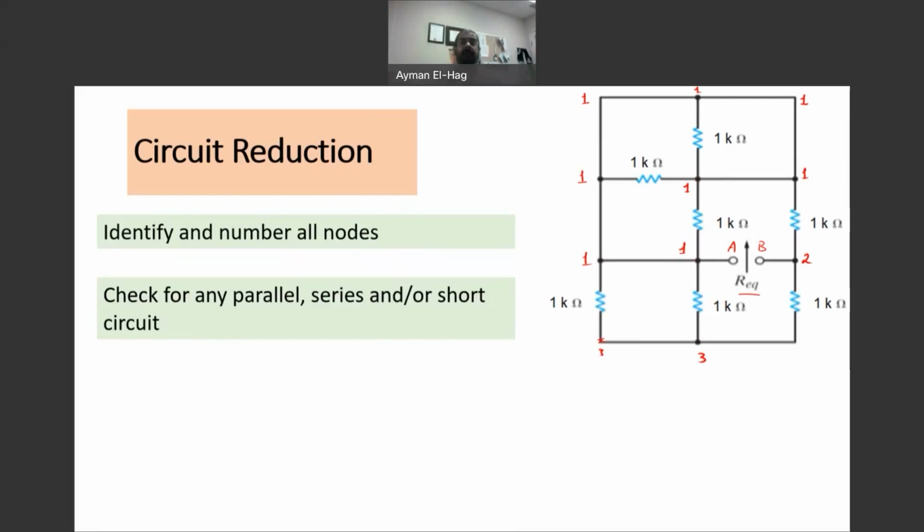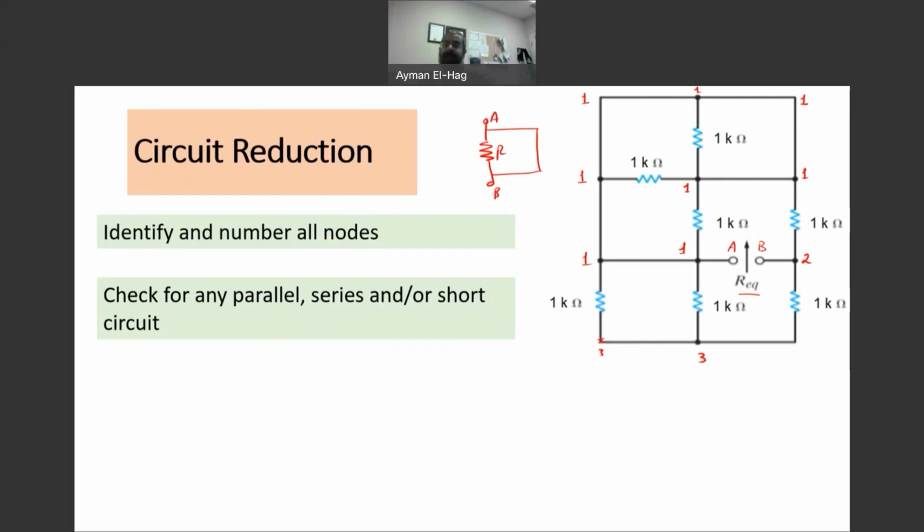What does this mean? If the two terminals of one resistor are exactly the same node, it means that we short circuit this. So basically, if we have a resistance like this, this is one node, this is one point, second point of the R. And if I connect a short circuit here, basically this point A and this point B become the same because of the short circuit.